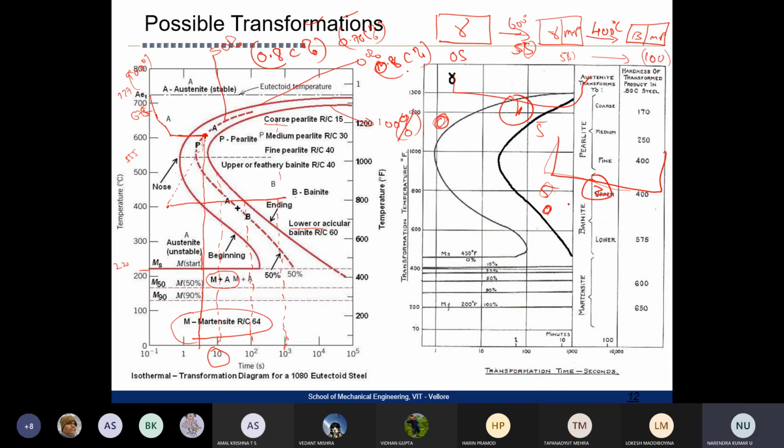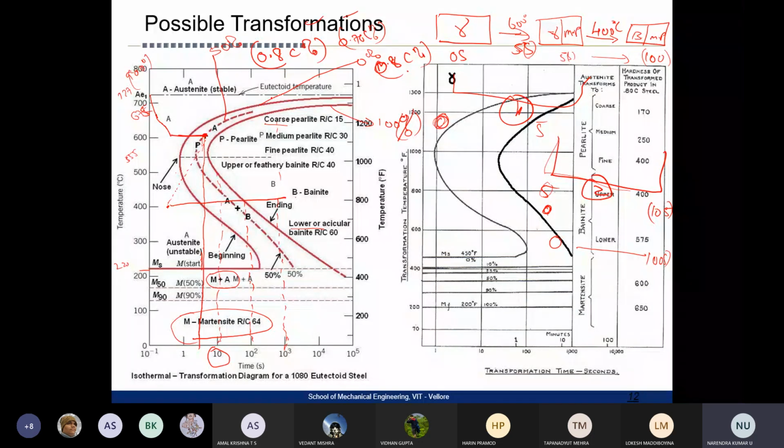Then 5 to 105. That means 0 to 5 was the first one, and 5 to 105 was the second one. Truly speaking, the first one is 5 seconds, and the second is from 0 to 100 seconds. So these are the two transformations which can be done to get 50% bainite and medium perlite.